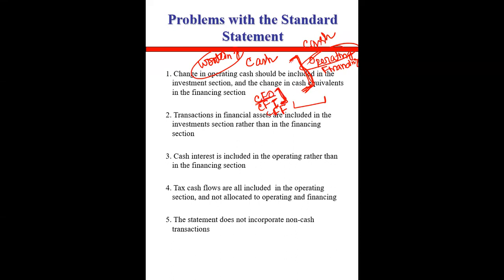Here in the cash flow from operations, we reflect the investment in working capital, and in cash flow from investment, we reflect the investment made for the long term or for the fixed asset. Okay, but in general, if there have been changes in cash for the operation purpose, that should come in the investment part.